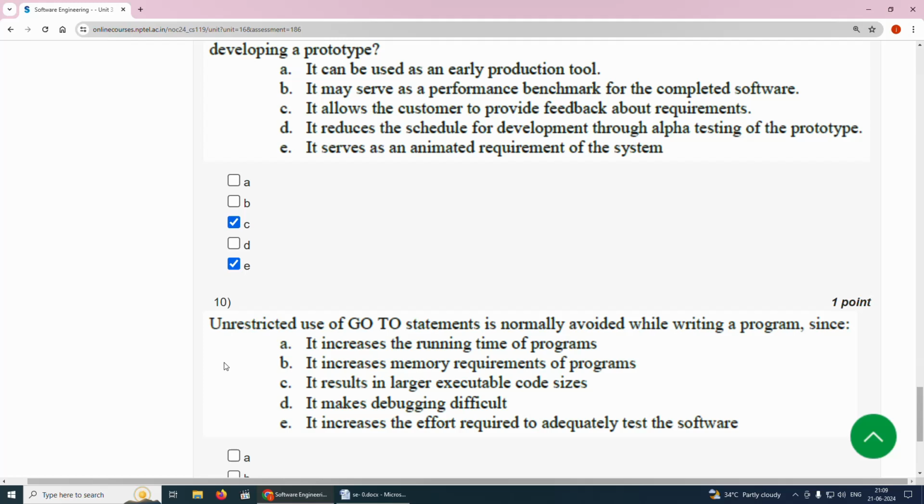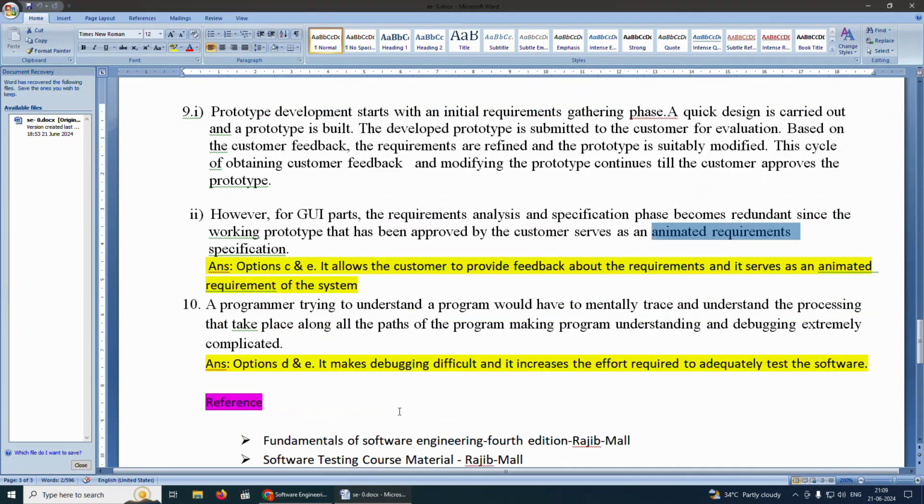Last question, unrestricted use of go-to statements is normally avoided while writing a program since a programmer trying to understand a program would have to mentally trace and understand the processing that takes place along all the paths of the program, making program understanding and debugging extremely complicated.